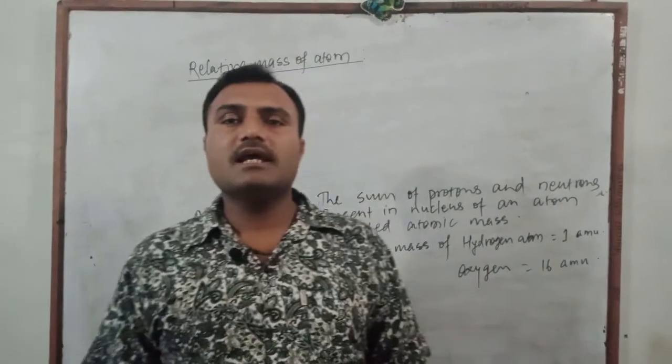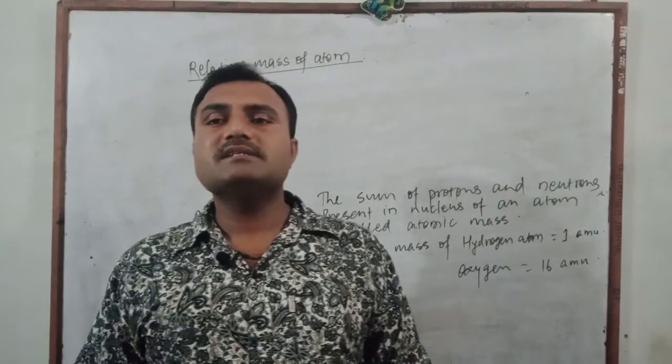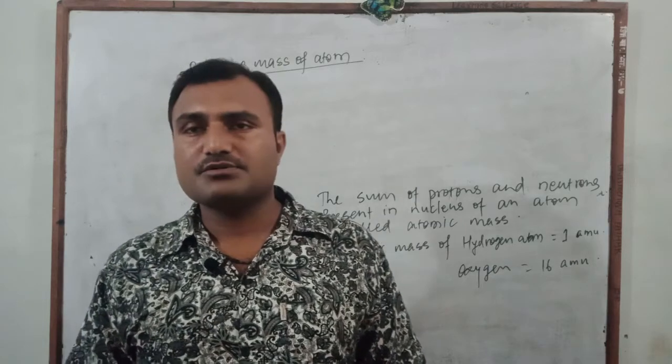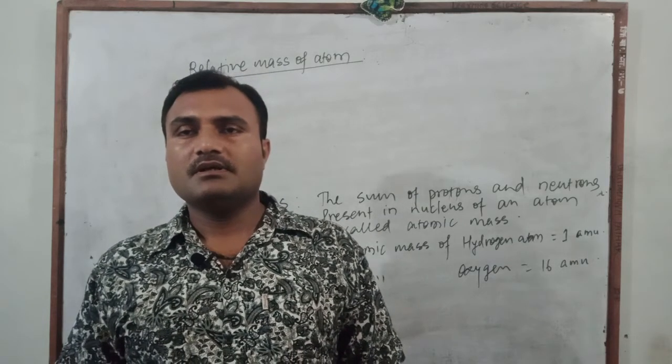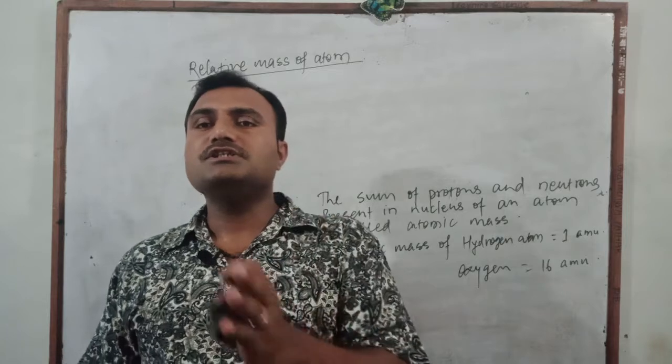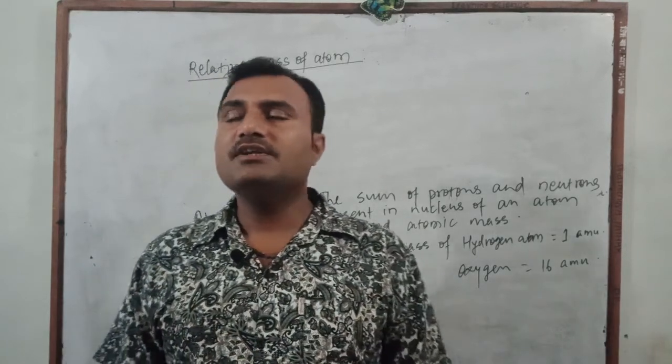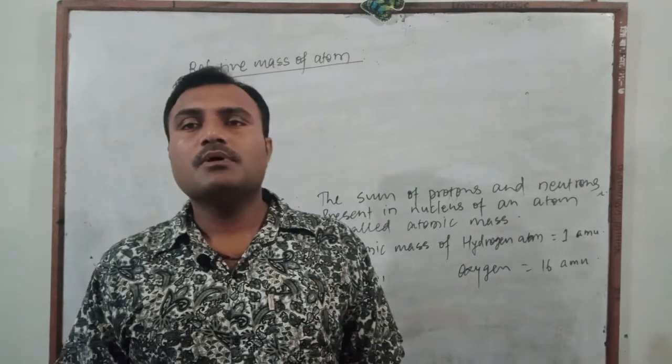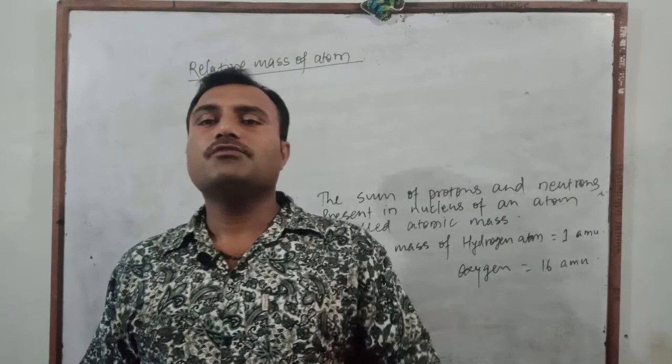Naturally occurring elements contains various isotopes, or these isotopes are different in number of neutrons.